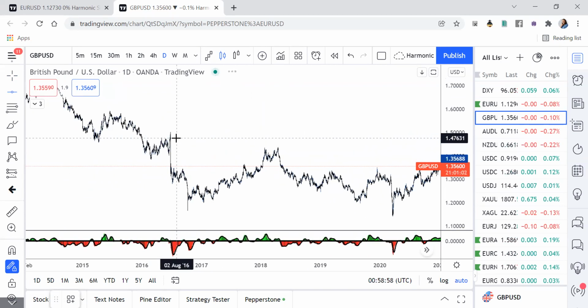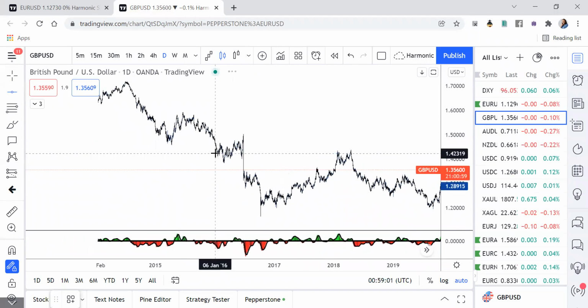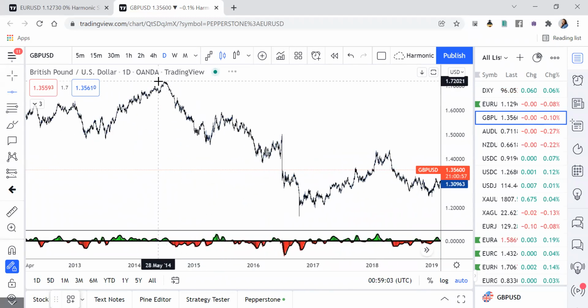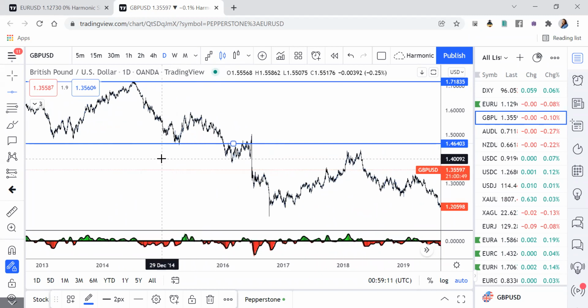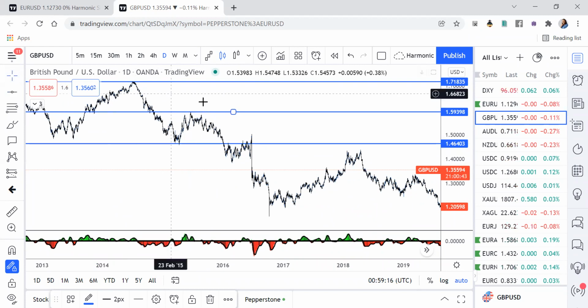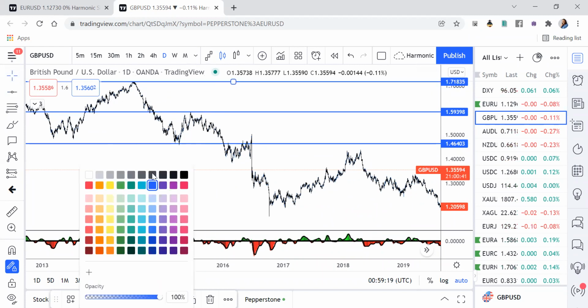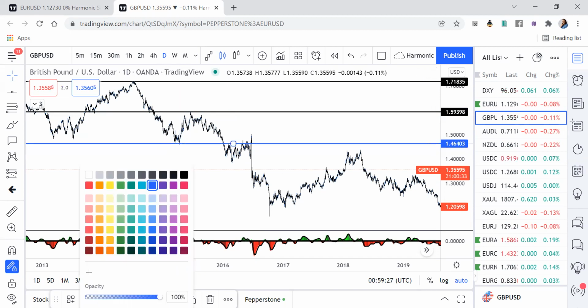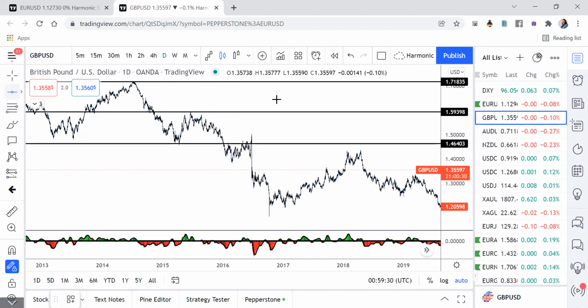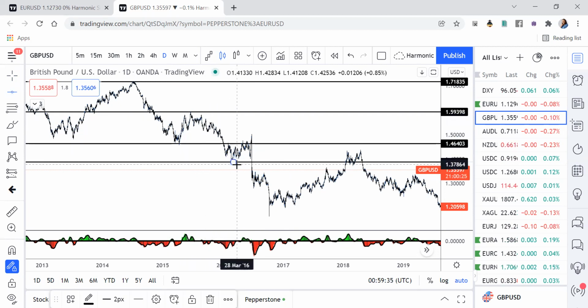I need to start before that bit of consolidation, so I'm going to start from this uptrend here, and I'm going to come down. Mountain top, valley, mountain top. Let me put it back in black for you guys. Mountain top, valley, mountain top.